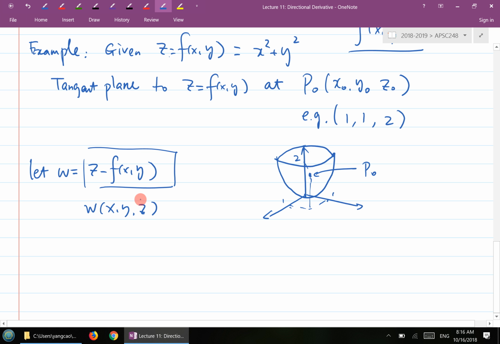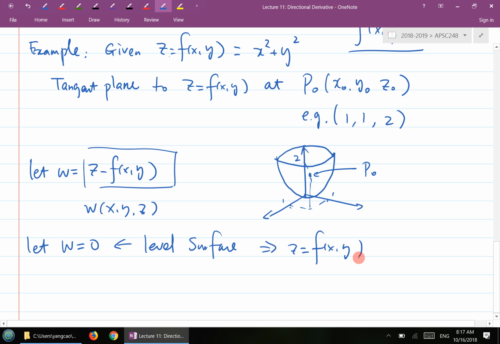If we let w equal 0, you have a function of three variables and you're setting that function equal to 0. So you're defining a level surface. If you plug in w equal to 0, this level surface turns out to be the given surface z equals f of x, y.